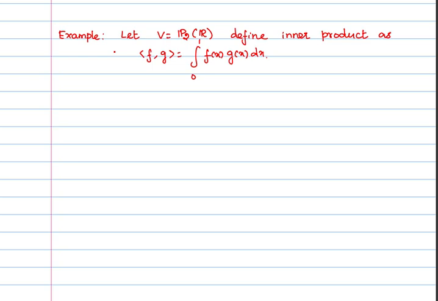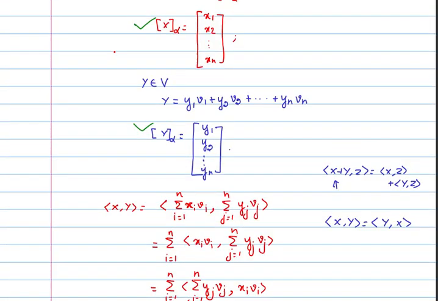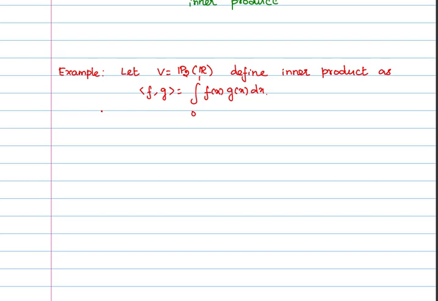My aim is to find the matrix representation, so I require some ordered basis. Now I take the standard basis. Suppose alpha equals 1, x, and x square.